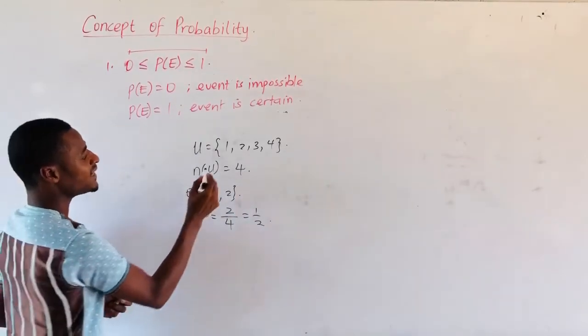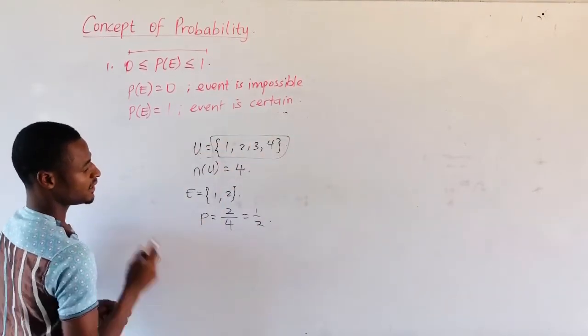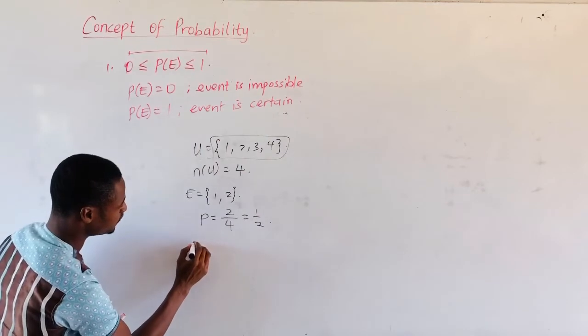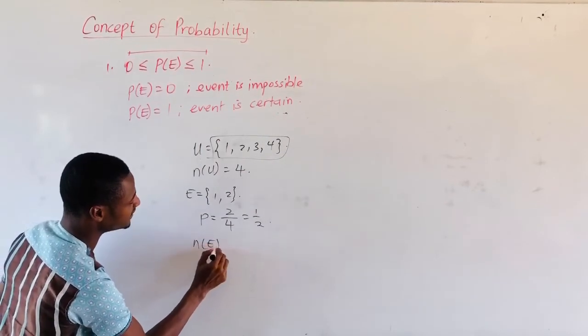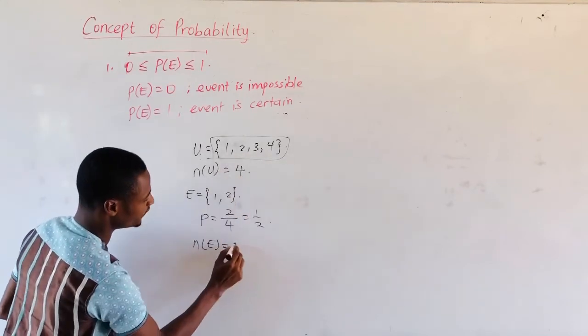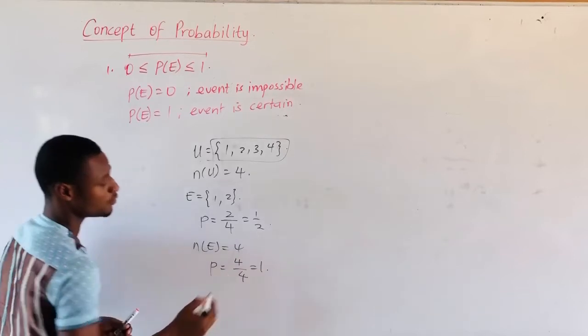And note that the highest event we can get is all of this. And that event will have the number of elements also equal to 4. So probability will be 4 over 4. That will give us 1.